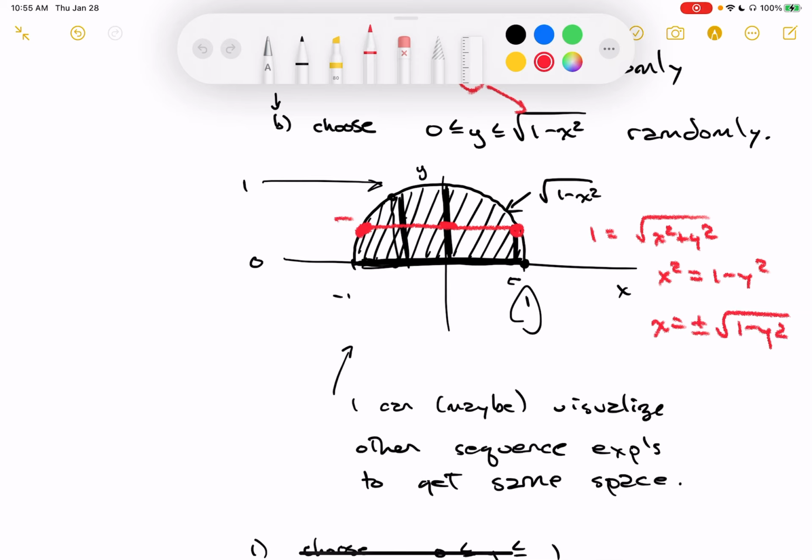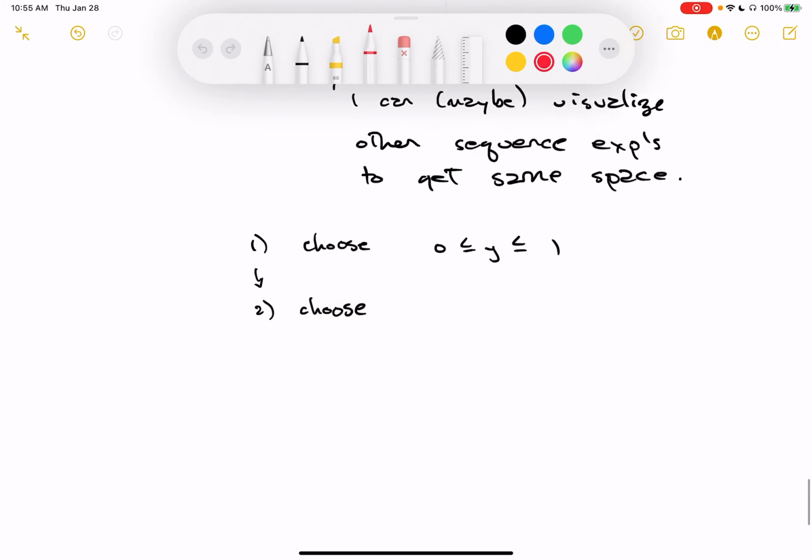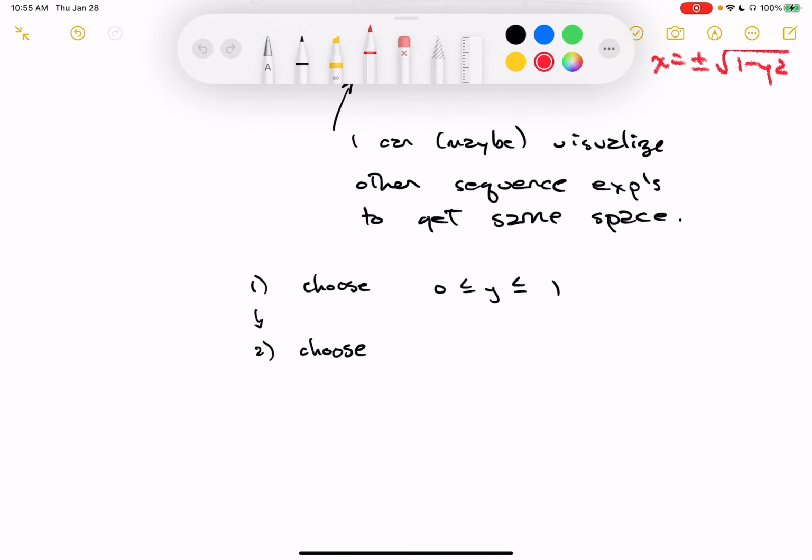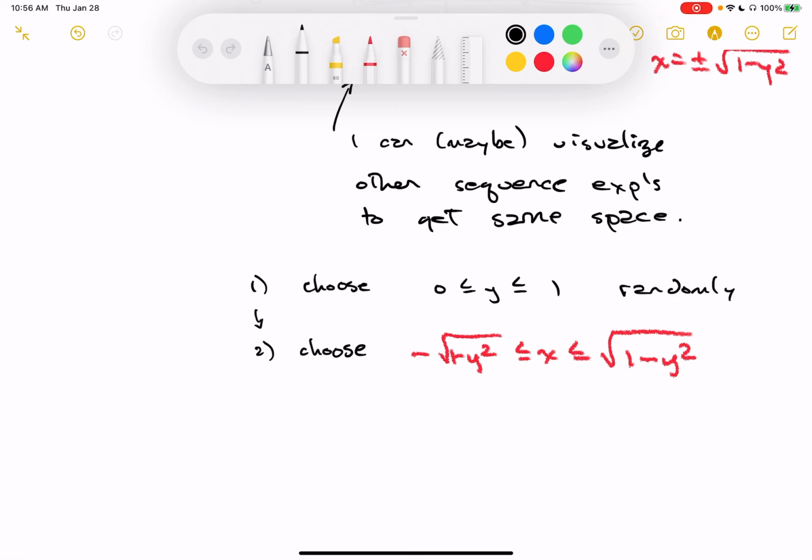This is the negative sign, this is the plus side. So I could come down here and say, let's choose x such that minus the square root of 1 minus y squared is less than or equal to x, which is less than or equal to the square root of 1 minus y squared. It's a little different visual, and we're choosing both of those randomly. We choose this one randomly, and we choose this one randomly as well.